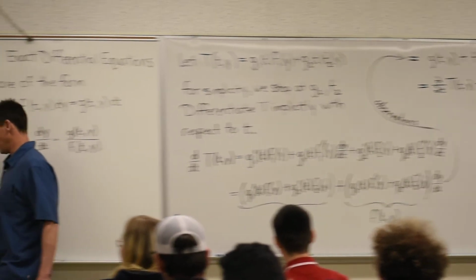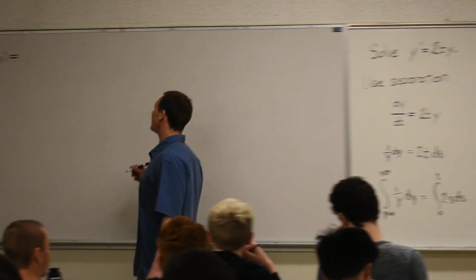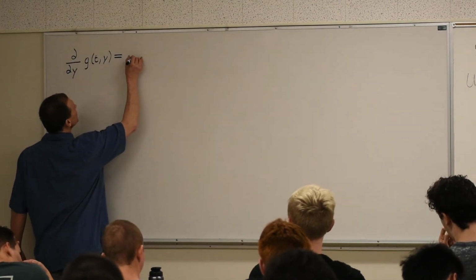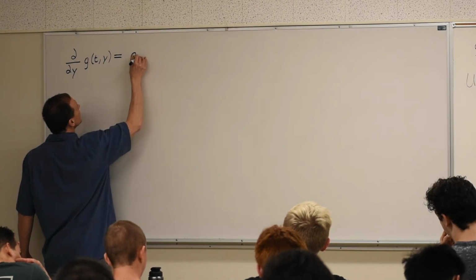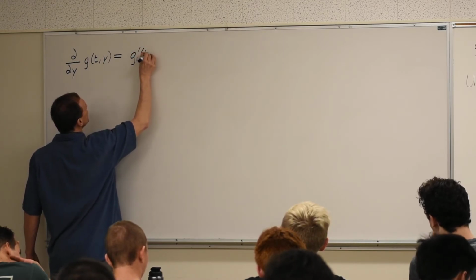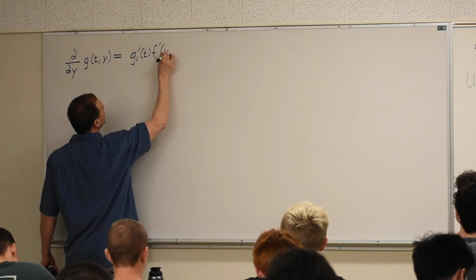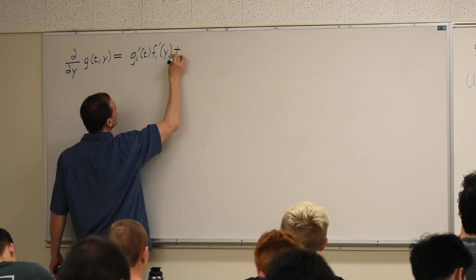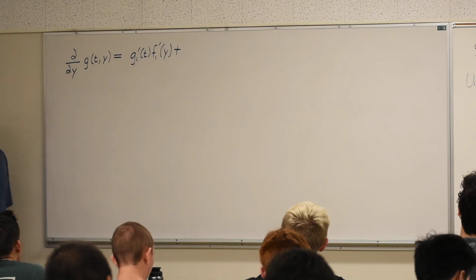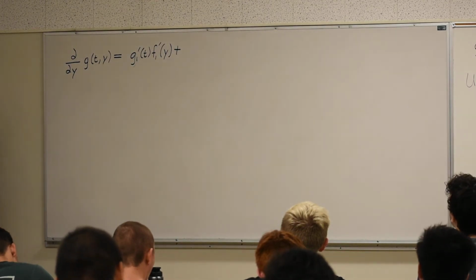So if we come over here and we break that down, this becomes g1 prime of t times f1 prime of y, plus, and then take a moment and write that second term on your own, see what you get.